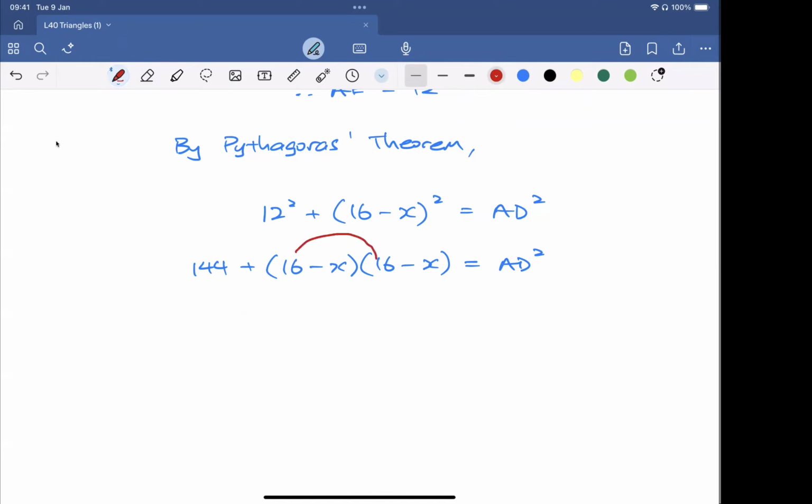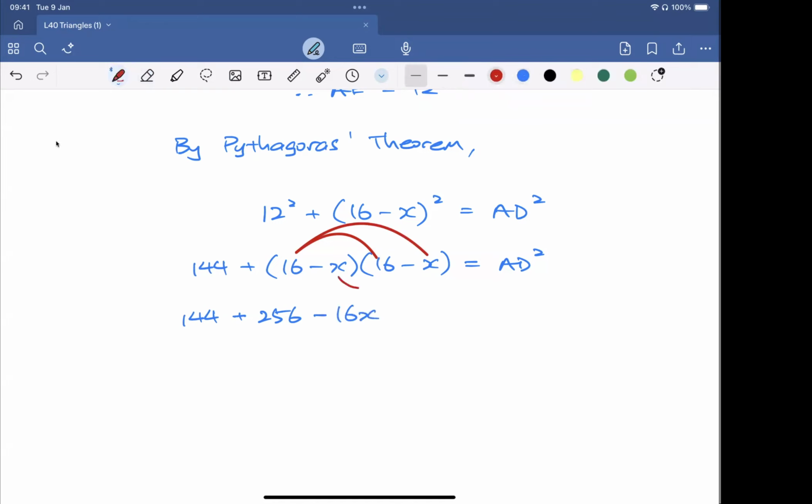Let's write down 144 first. 16 times 16, which is 256. Then after that, we take 16 times negative x. There's a negative here, be careful. It becomes minus 16x.